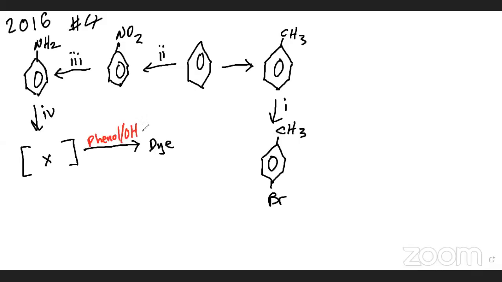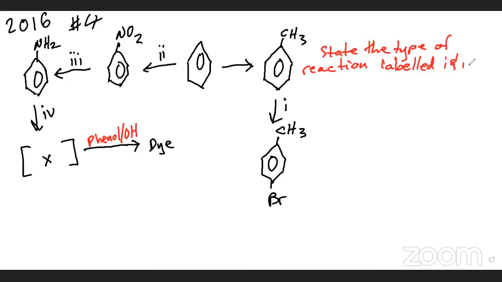All right, so here we go. Name the type of reaction labeled 1 and 4. For the exam paper, it said 1 and 4, but I'm going to include 3 as well.